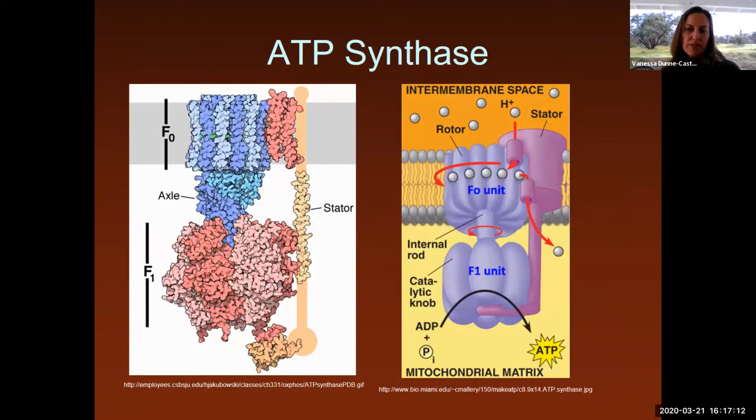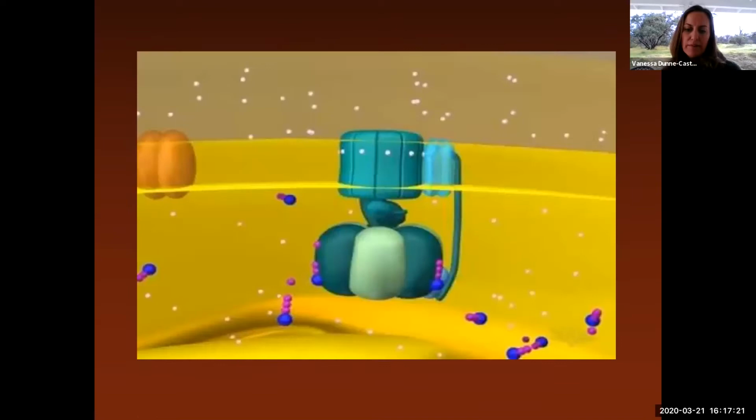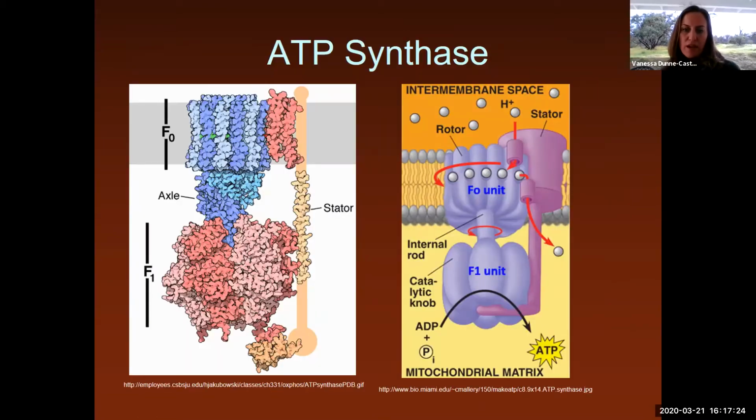This is showing you the picture of this ATP synthase. I showed you guys this in class, and I definitely want you to go take a look at that video. I think it's in the next slide. Yep. So on your own time, as you have these lecture slides in front of you, open up that video or look at it on YouTube.